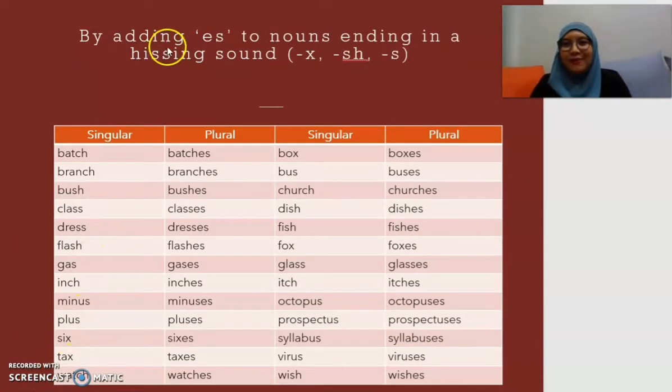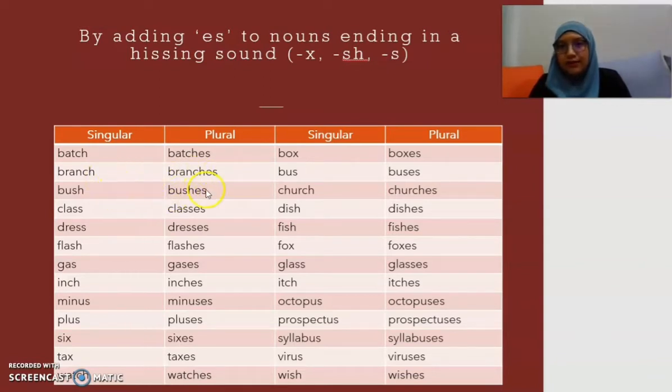Some plurals are formed by adding es to the nouns ending with the hissing sounds, such as s, sh, and ch. For example, batch becomes batches. We just add es to the singular word batch. Another example, branch, branches.